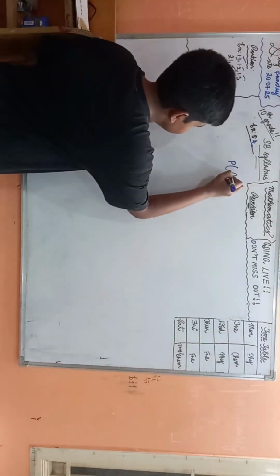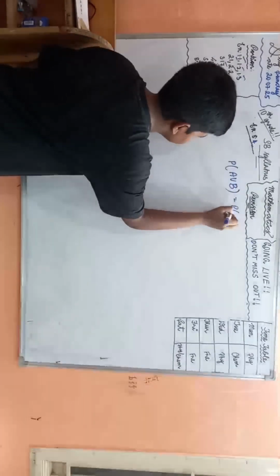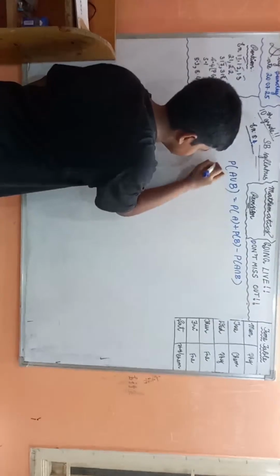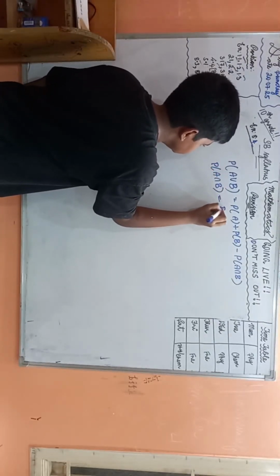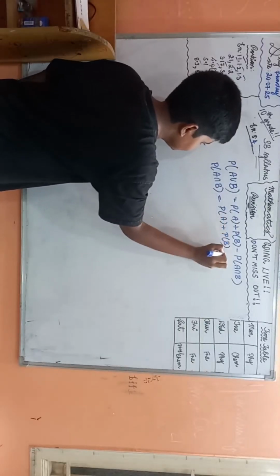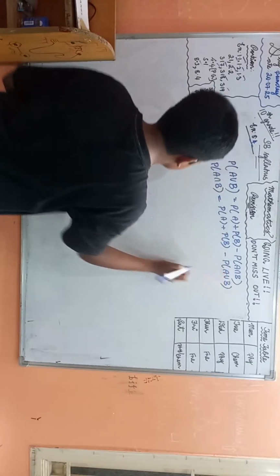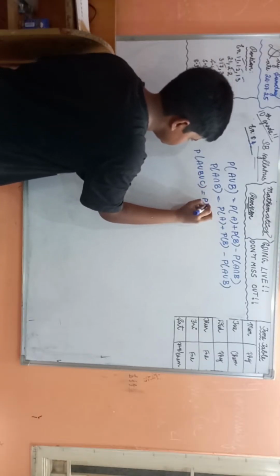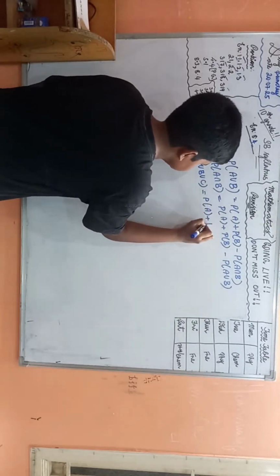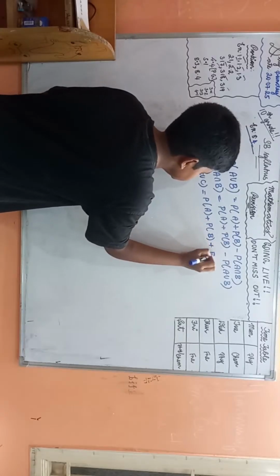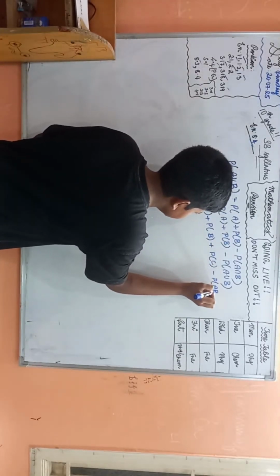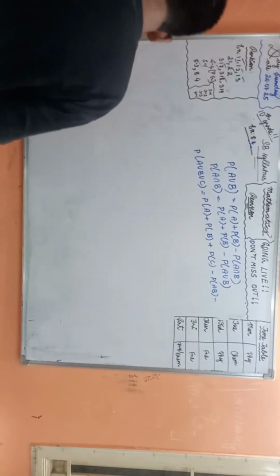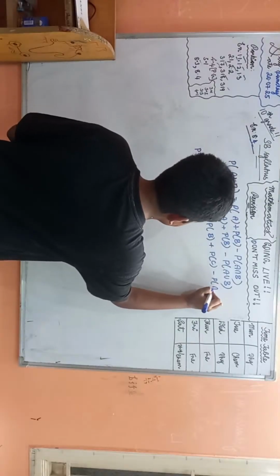So important formulas: P of A union B will become P of A plus P of B minus P of A intersection B. And P of A intersection B will become P of A plus P of B minus P of A union B. P of A union B union C will become P of A plus P of B plus P of C minus P of AB.